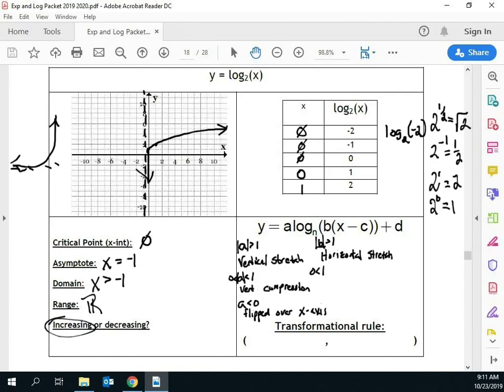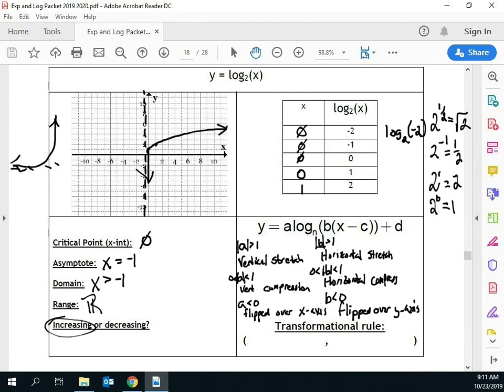If it's in between 0 and 1, horizontal compression. And then if B is less than 0, it's flipped over the y-axis.